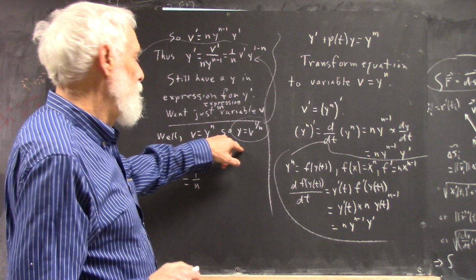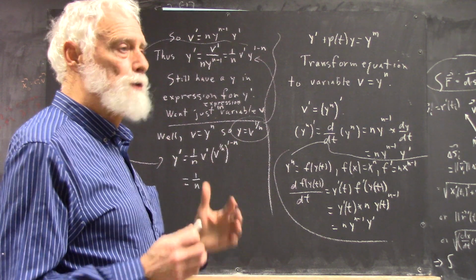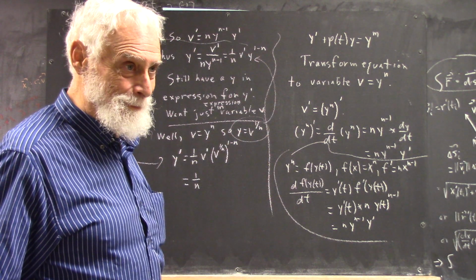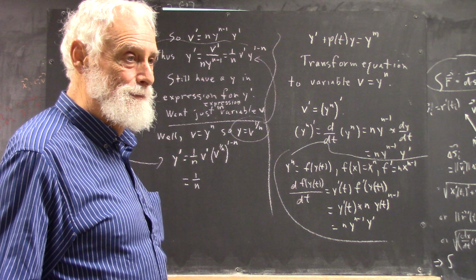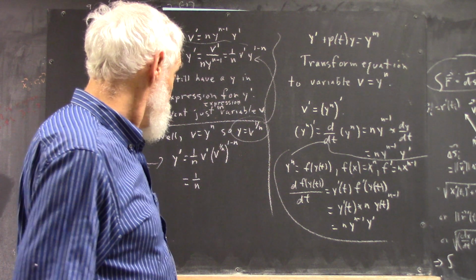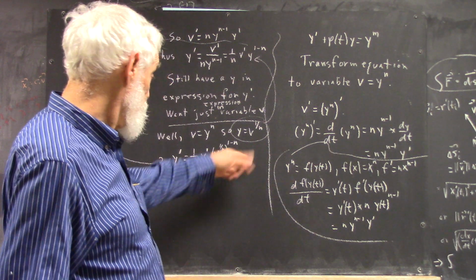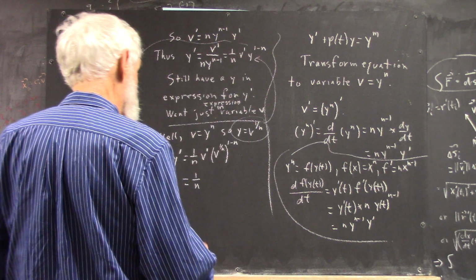What's v to the 1 over n raised to the 1 minus n? What's your rule for power of a power? You multiply them. Yeah, that should be automatic. Okay, I'll multiply those powers.